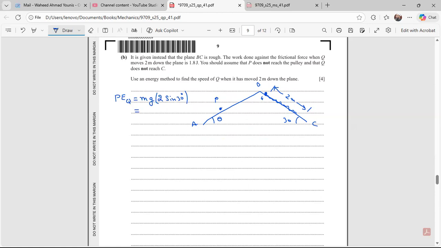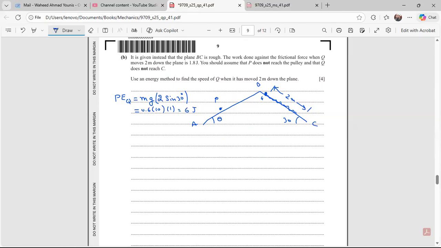So the mass is 0.6 kilogram and g is 10, and 2 times sine 30 is 1 because sine 30 is 0.5. So this all comes out to be 6 joule. So this is the loss of potential energy of object Q.